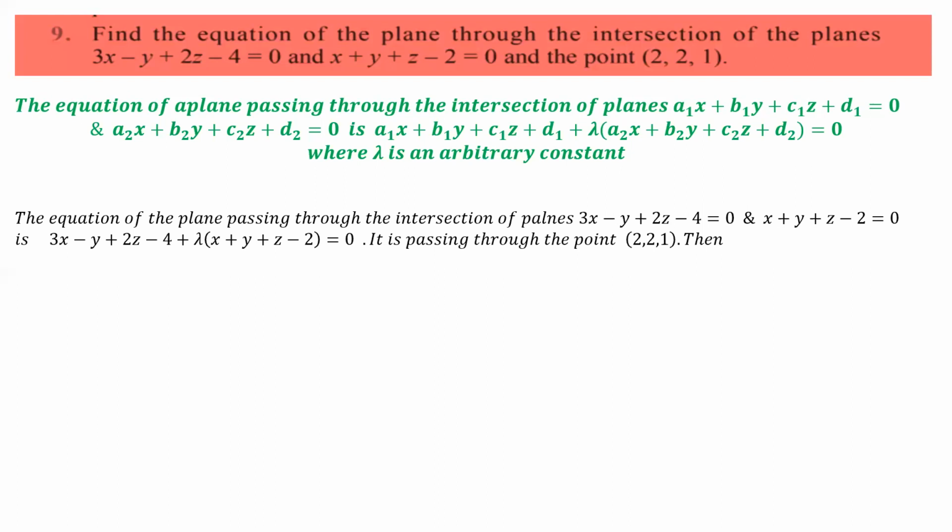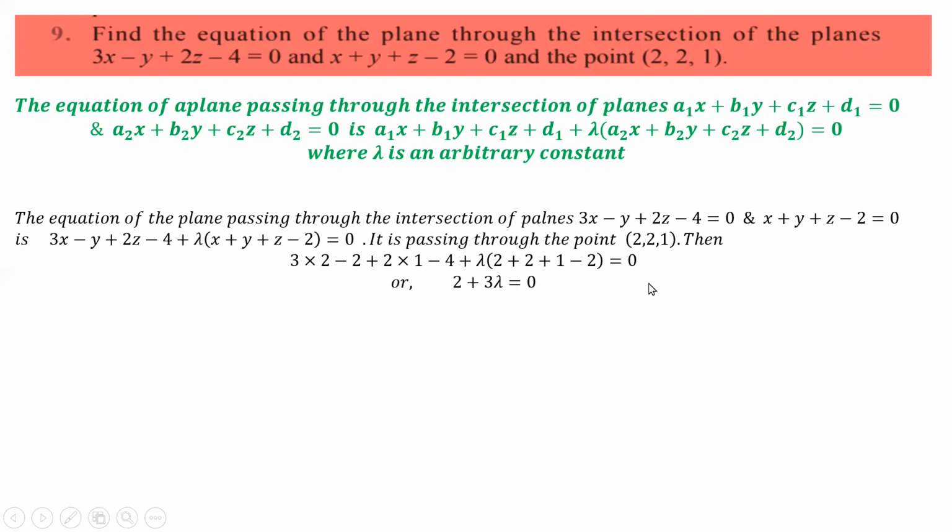Since any point on the plane, (2, 2, 1), will satisfy the equation, we can put x equals 2, y equals 2 and z equals 1 in the equation of this plane. So 3 into 2 minus 2 plus 2 into 1 minus 4, plus lambda into (2 plus 2 plus 1 minus 2) equals 0.